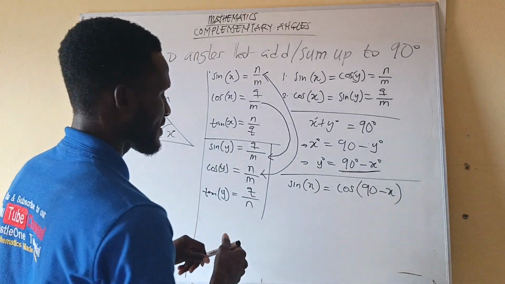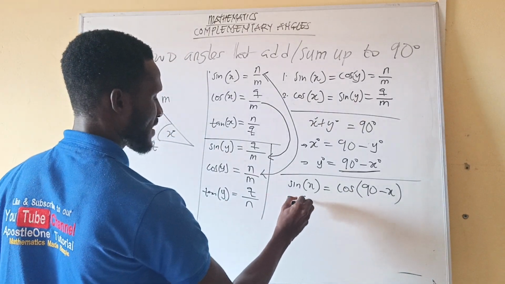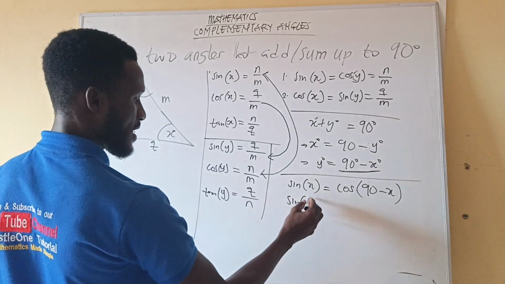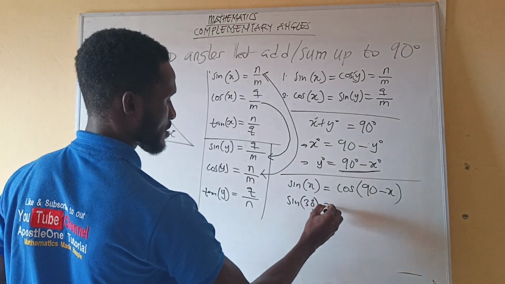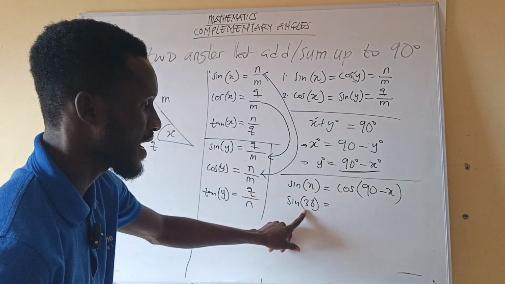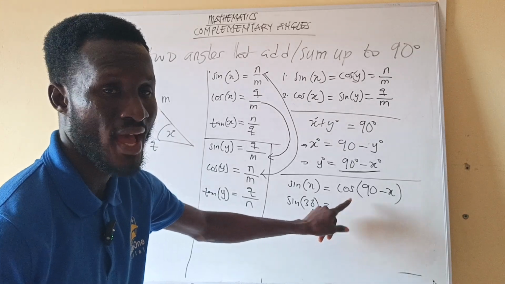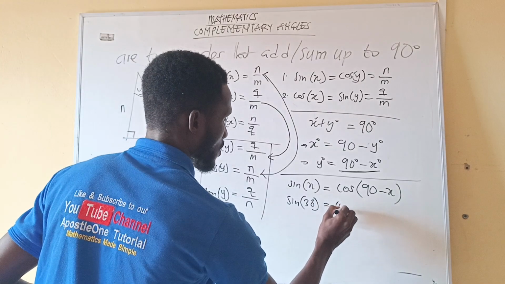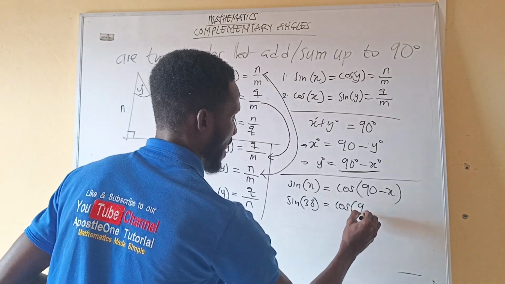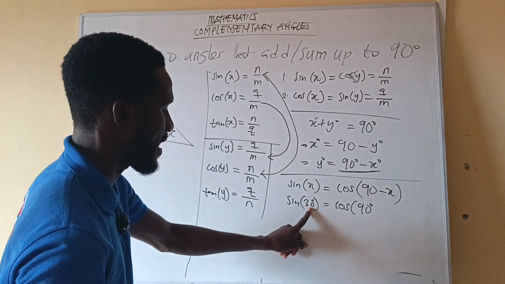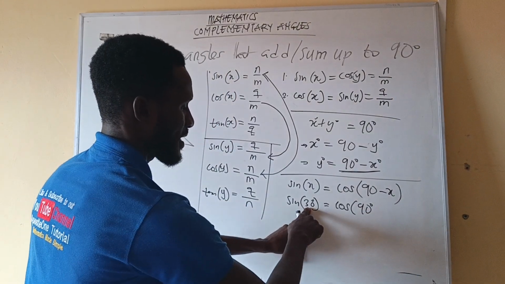X. It means that anytime I have sine of any angle, let's say sine 30 degrees, and I want to change this sine 30 to cosine, I just have to write cosine of 90 degrees minus the x. What is x? X is the 30.